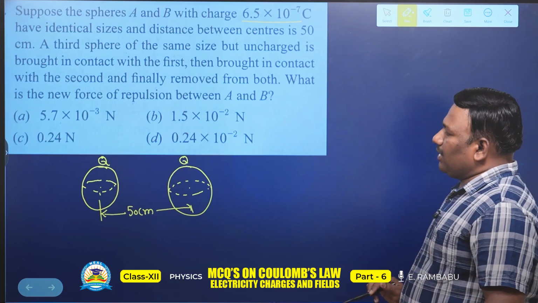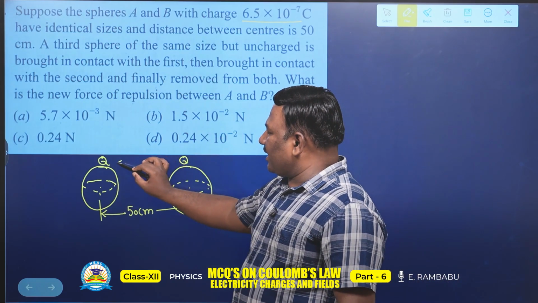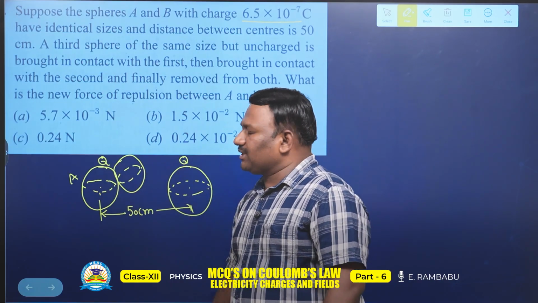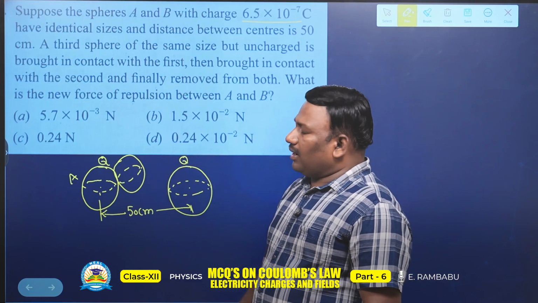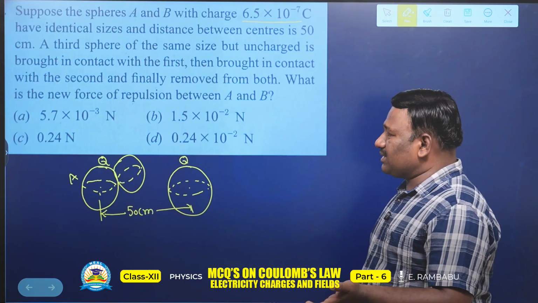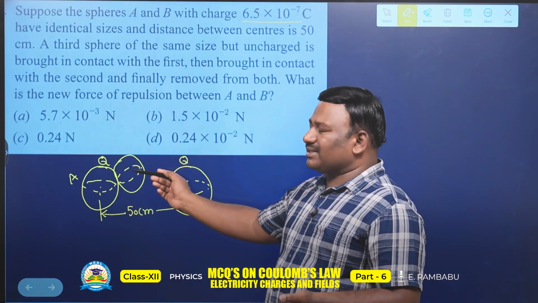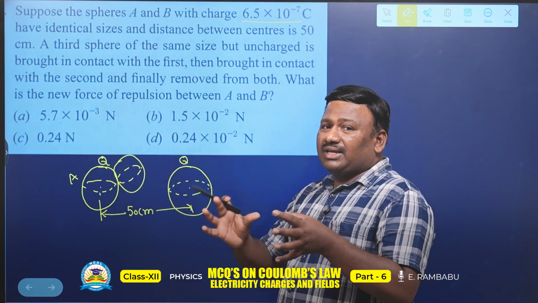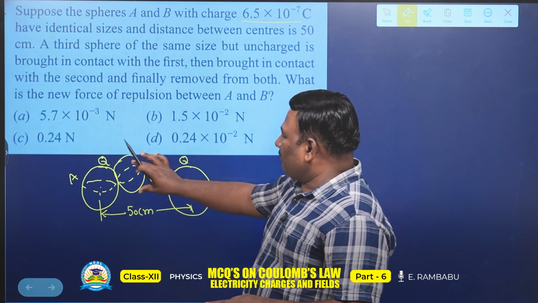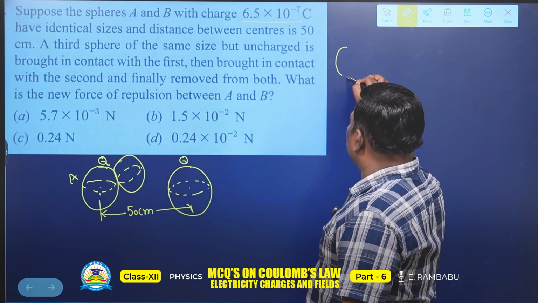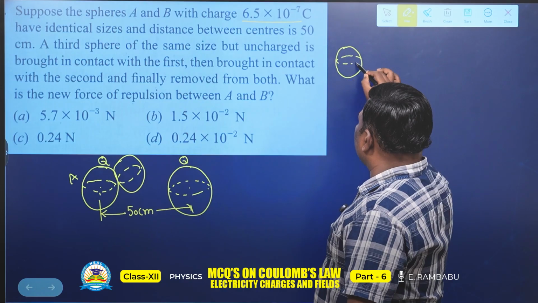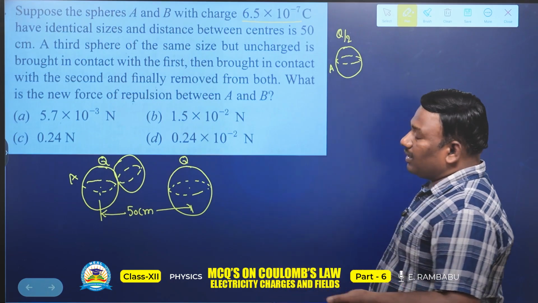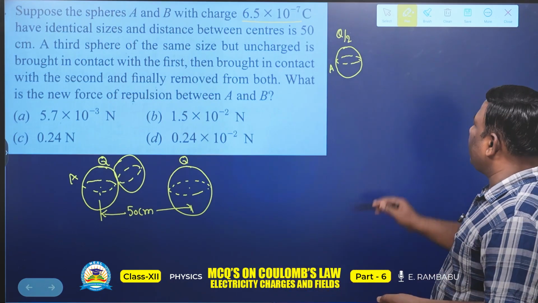A simple concept. First, an identical sphere is taken in contact with A. According to the conduction process, when an identical neutral body is taken in contact with a charged body, both acquire equal charge. So after contact and removal, A acquires the charge Q by 2, and the third body also acquires charge Q by 2.